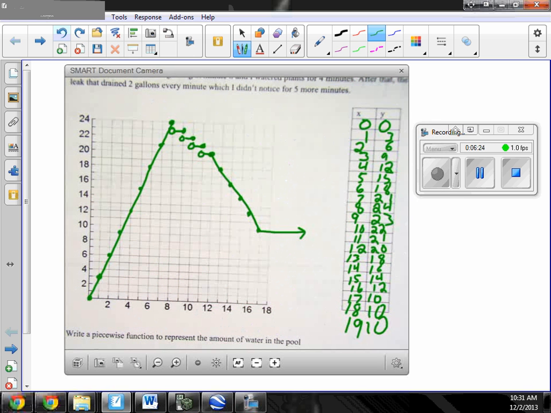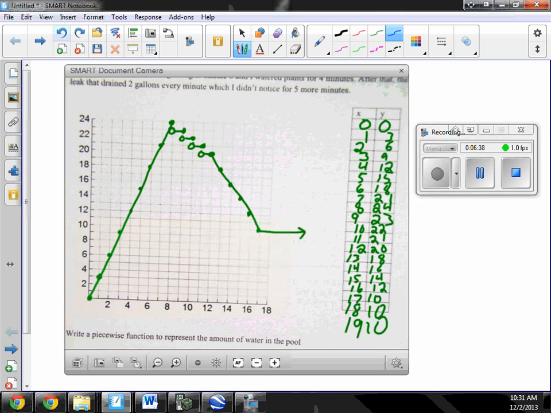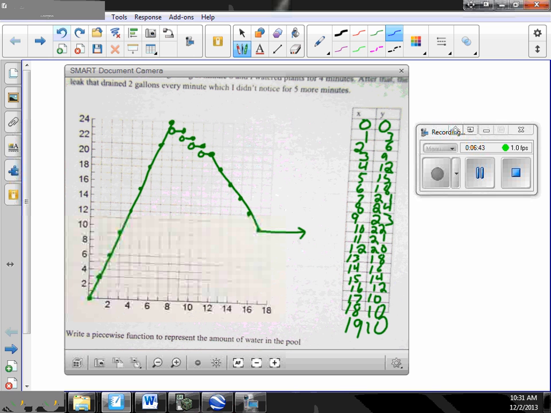Okay. So the first question says, write a piecewise function to represent the amount of water in the pool. Well, so we need to come up with the equation for each piece. How do we find the equations? Well, let's use our calculator.